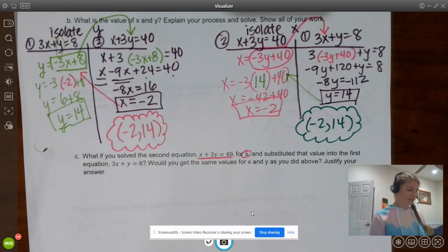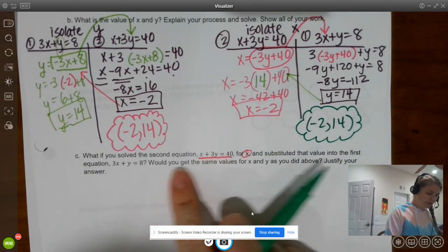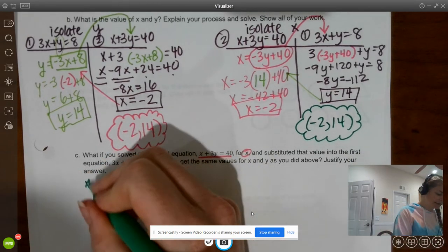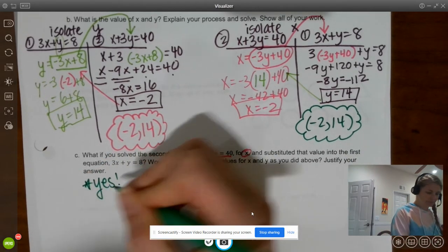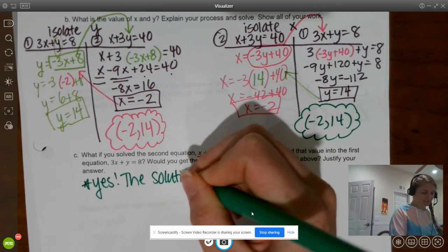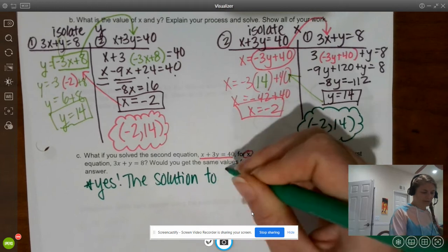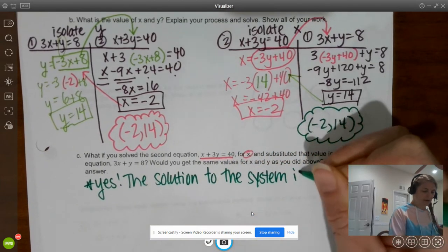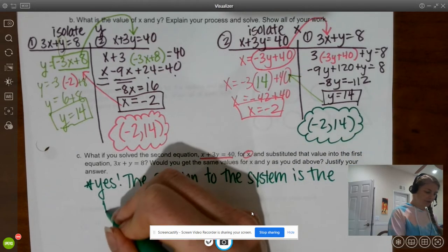Groovy. Okay, so would you get the same values for x and y as you did above? Justify your answer. Yes. The solution to the system is the point of intersection.